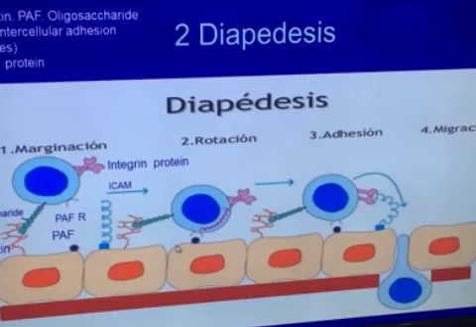This is the inbuilt mechanism in which all these proteins are involved. On the endothelial side: P-selectin, platelet activating factor, and intercellular adhesion molecule ICAM. And on the WBC side we have oligosaccharide, platelet activating factor receptor, and integrin protein.